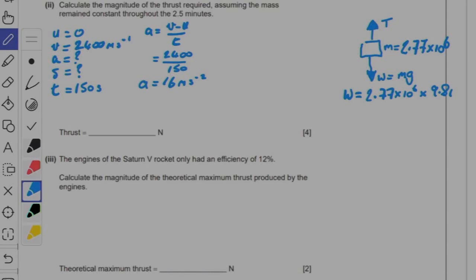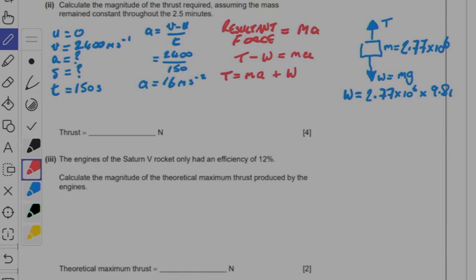And now we take that into our Newton's second law. So we've got T minus W equals ma, so T will equal ma plus W. We know the weight value, and we can multiply the mass value by 16, so we should be able to get T. If we put that through our calculator, we should get a value for T. So it pops out of your calculator like that.